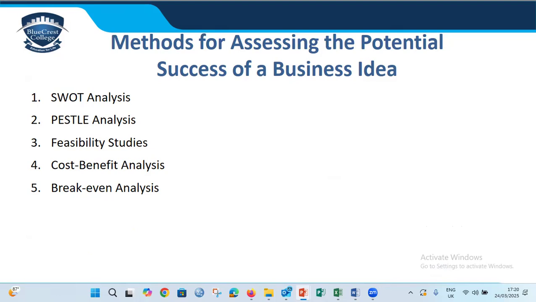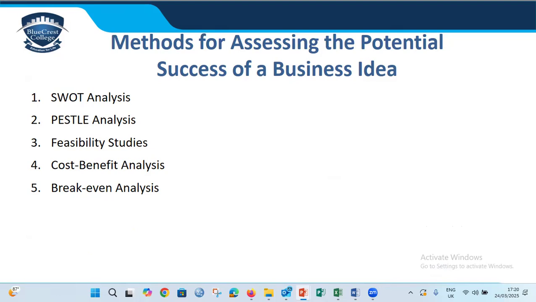You can also perform a PESTLE analysis where you check the external environments, and how they are able to affect your business idea positively or negatively. You would also want to perform feasibility studies, check and see if your idea can stand the test of time. Is it something that will work? You have to check that.